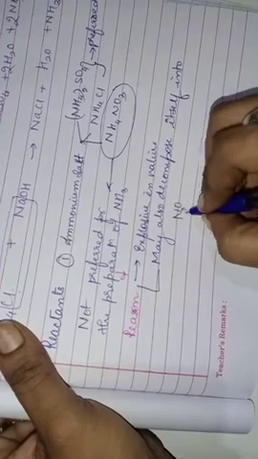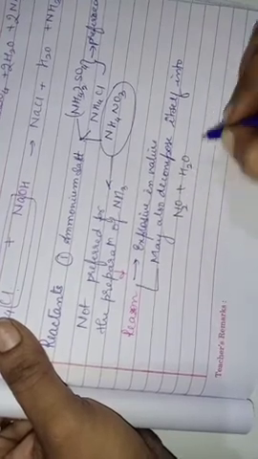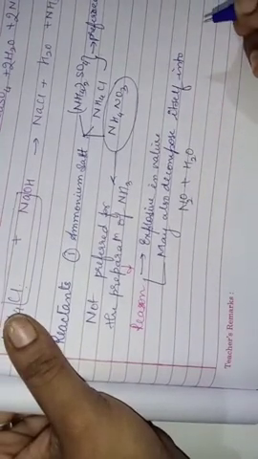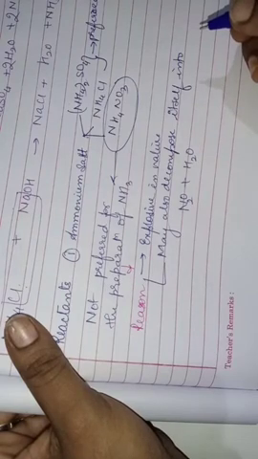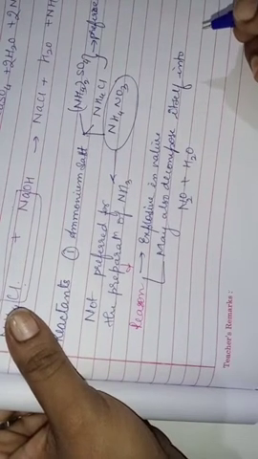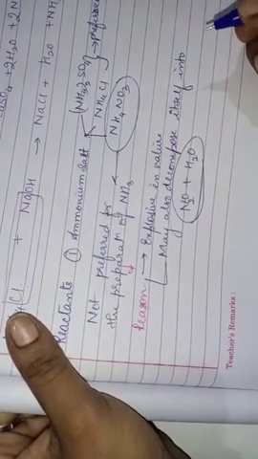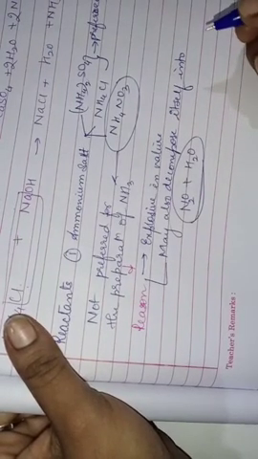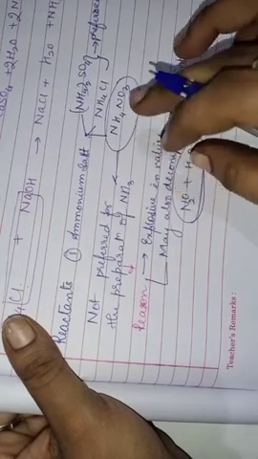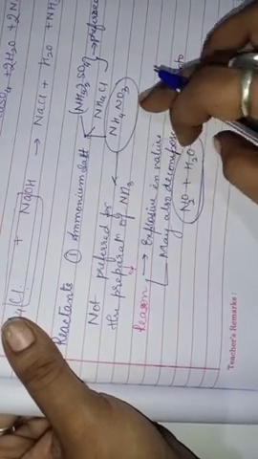So it will give you N2O plus H2O. Are you getting? This is the product formed on decomposition. So hence we will not prefer ammonium nitrate. This is the first reactant we are discussing.